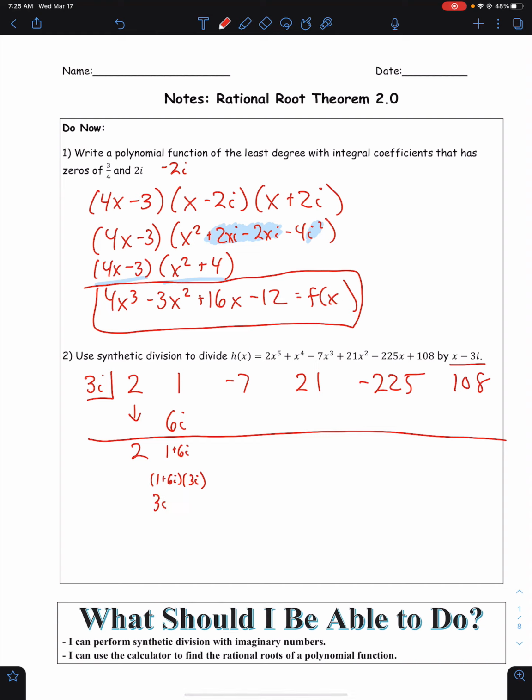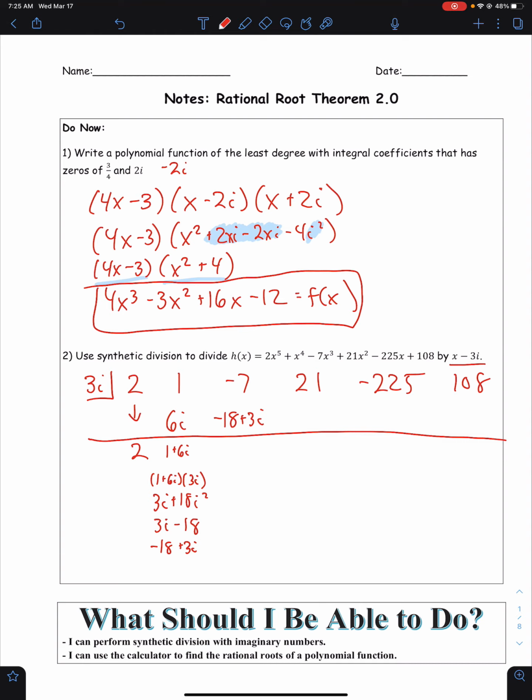That would be 3i plus 18i squared, which would be 3i minus 18, because i squared is negative 1. Write it in a plus bi form, so it would be negative 18 plus 3i.